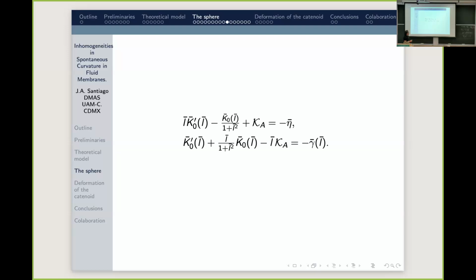But the point here is that this eta is a constant. The first formula is the balance equation along the zeta directions. Then eta is a constant. But the second equation is the balance equation along the horizontal direction. So this is not a constant, right? That is the point, that the first equation can be integrated.